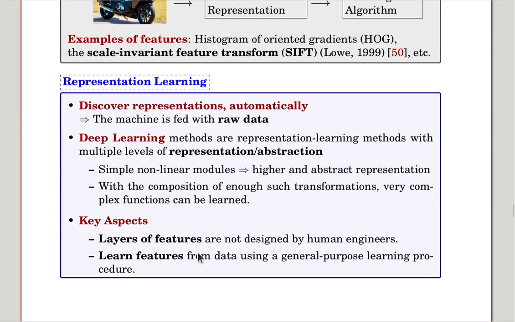On the other hand, in representation learning, the representations, the features, will be discovered automatically. So we can feed the machine learning algorithm with raw data. Deep learning methods are representation learning methods with multiple levels of representation and abstraction.